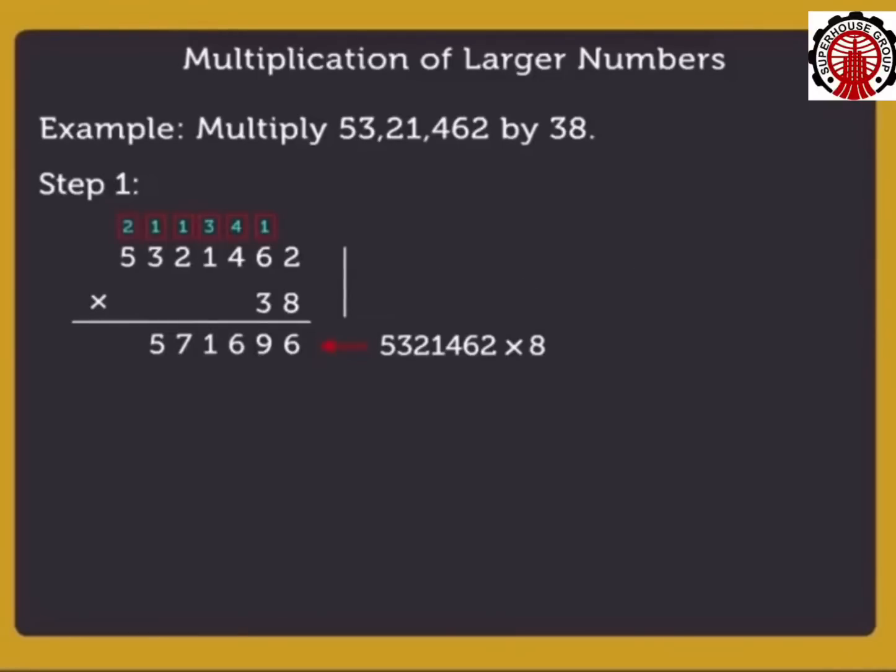And lastly, 5 into 8 is equal to 40 plus the carried over 2 is equal to 42.